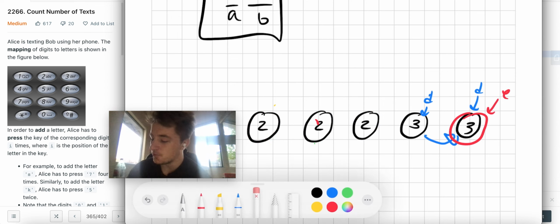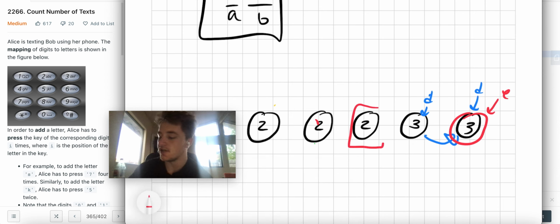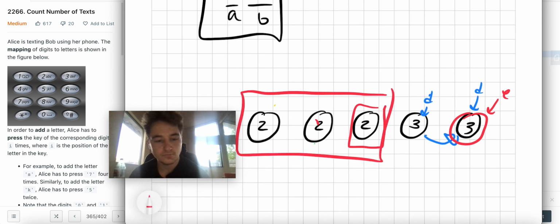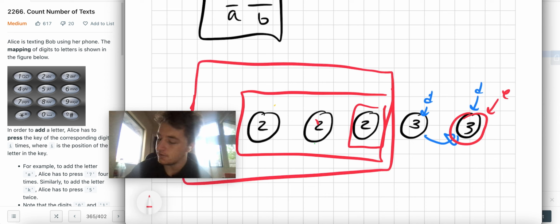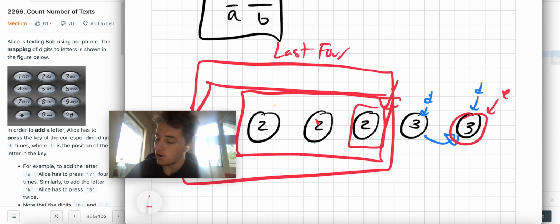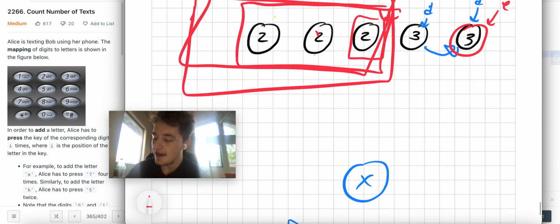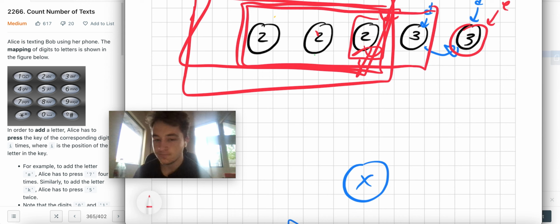Remember, we've determined that the value for this 2 is the sum of all 3. So if this was the last 4, even though there's just 3 here, the value of this is the sum of all these last 4. But then after this is done, the last 4 is then this. And after this one's done, the last 4 becomes this.